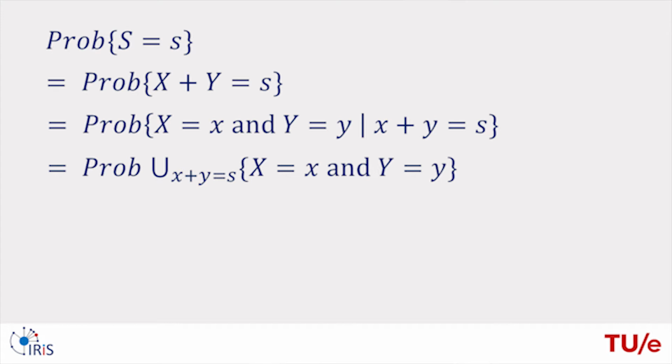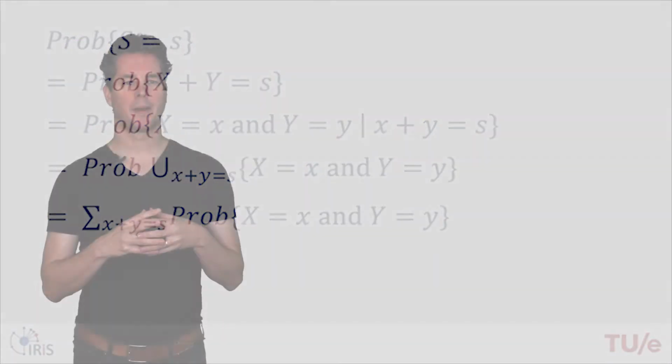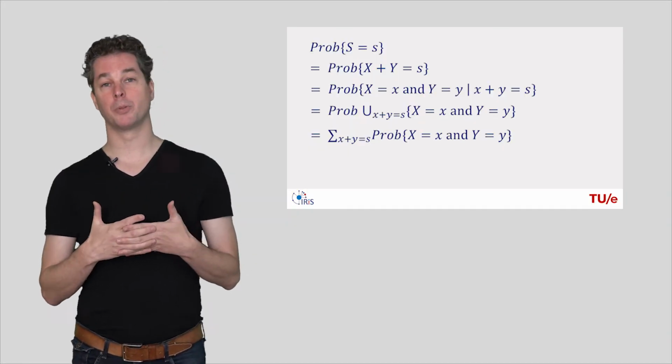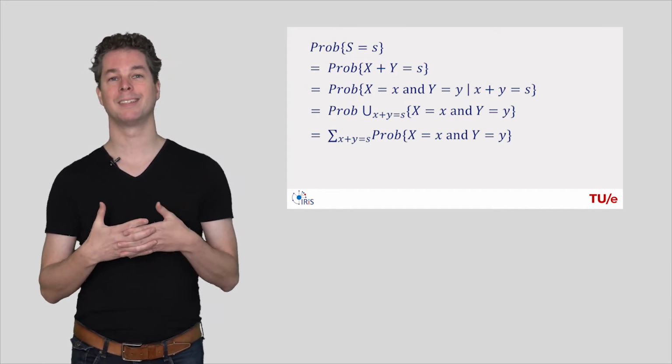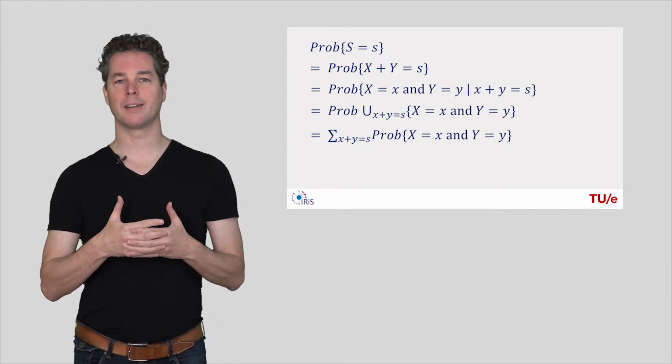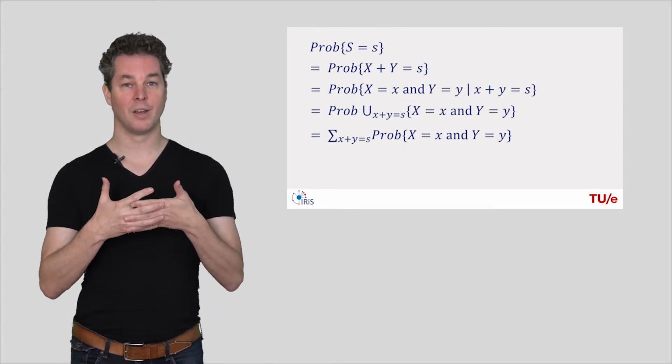And so the probability of s equal to small s is equal to the sum over all x and y such that x plus y equals s, with the probability of x equal x and the probability of y equal to y. At this point, our ability to compute further stops because the basic laws for computing with probabilities do not give us anything that we can use to compute the intersection of two sets.